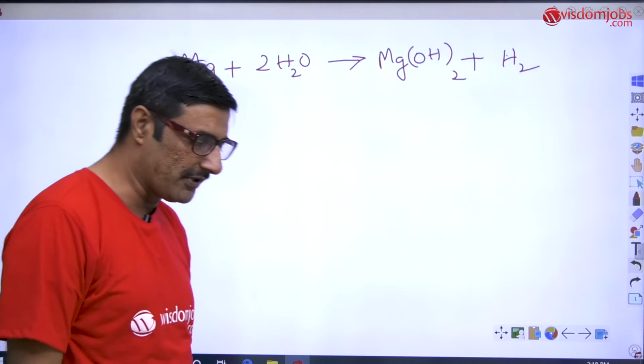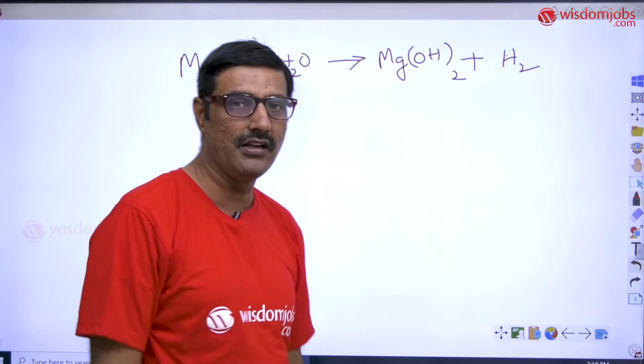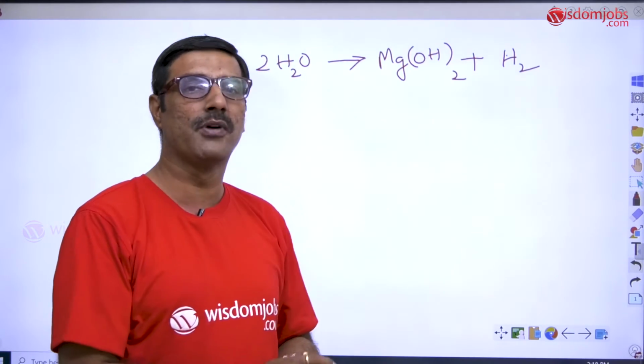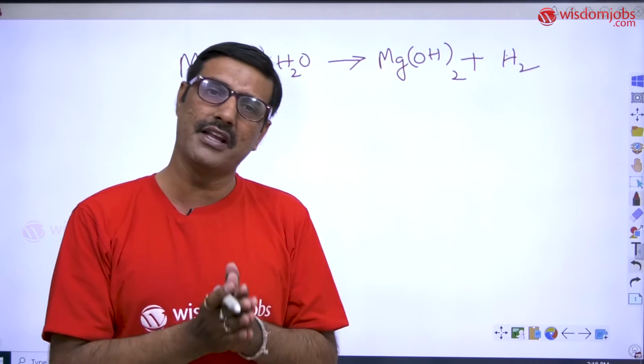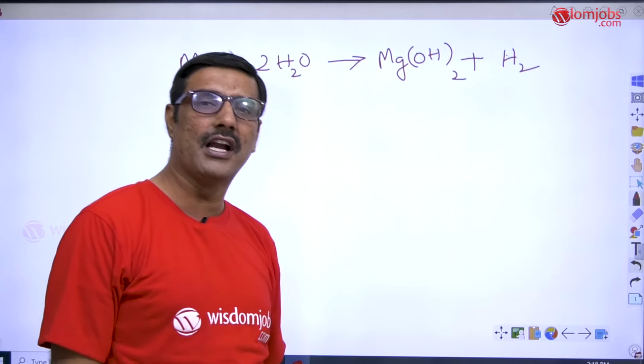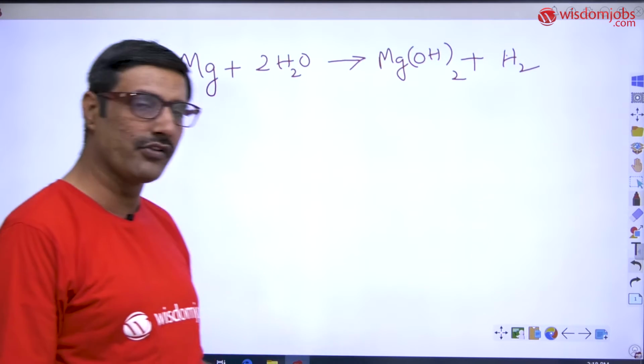Here the magnesium metal reacts not with cold water, as in the case of potassium or sodium. Sodium and potassium readily react even with cold water, but magnesium or calcium react with hot water.